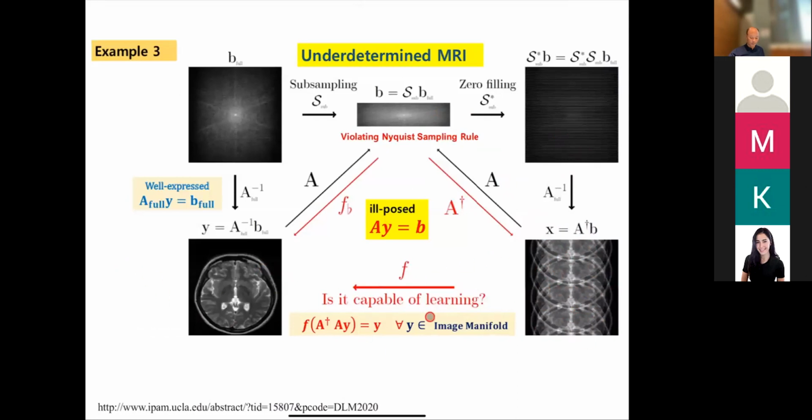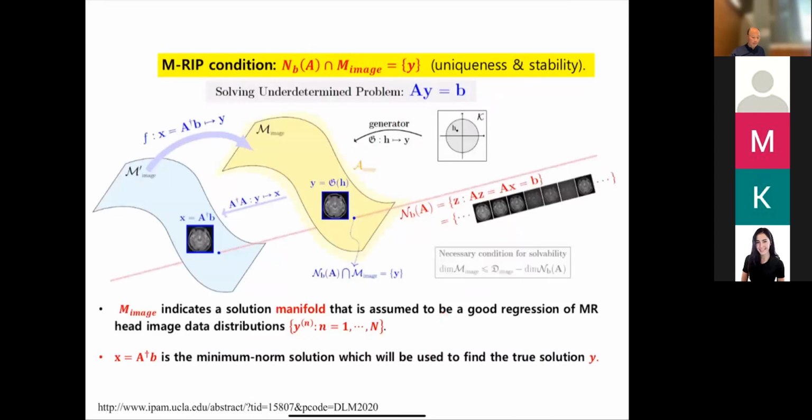And as you can sort of see, what it's looking for is a solution that lies on what's called an image manifold. And what does that mean? Well, an image manifold is sort of like a low dimensional space. It doesn't have to be Cartesian.